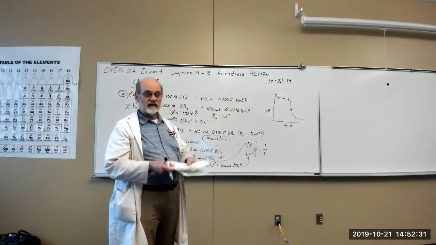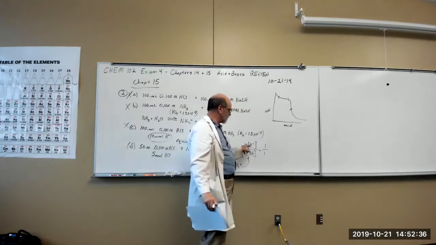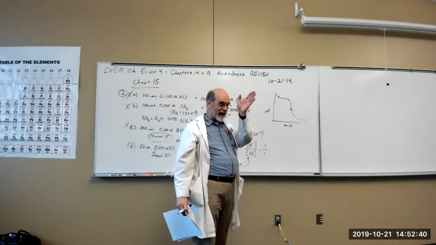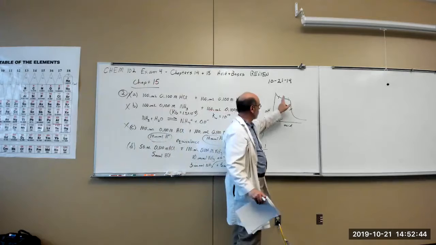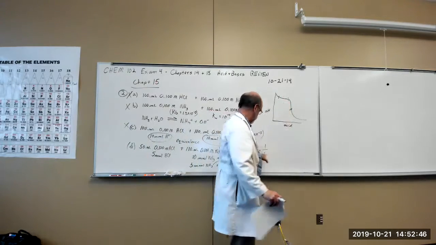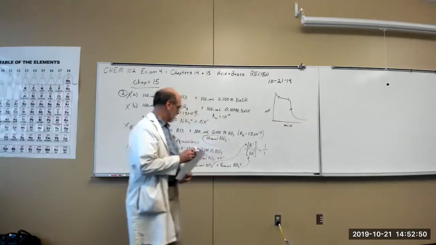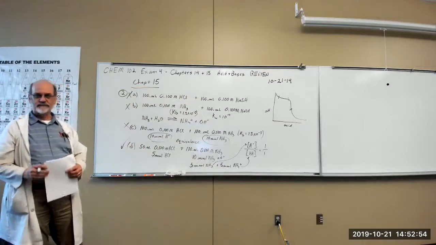Remember what we said about the Henderson-Hasselbalch equation? The ratio of the acid to the conjugate base, if it's 1:1, you're right smack dab in the middle of your buffer zone, right here. That's 1:1. That's ideal. Okay? So this one is definitely a buffer.